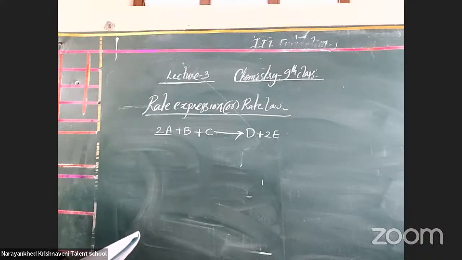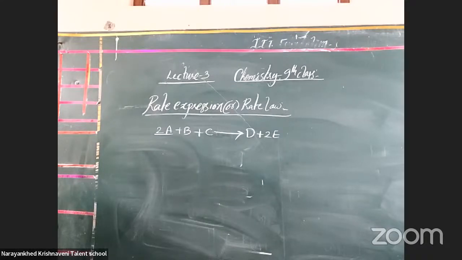Whatever the given orders, you have to find out the rate law. Then the second question is: if the concentrations of A, B and C are doubled, then calculate the new rate of reaction.